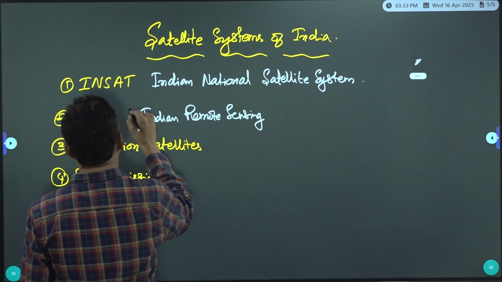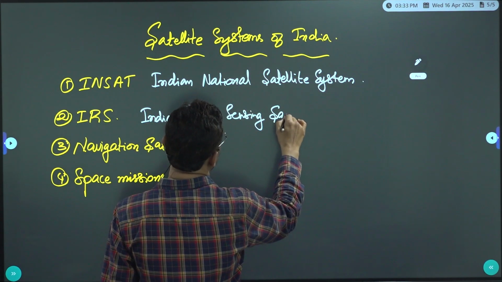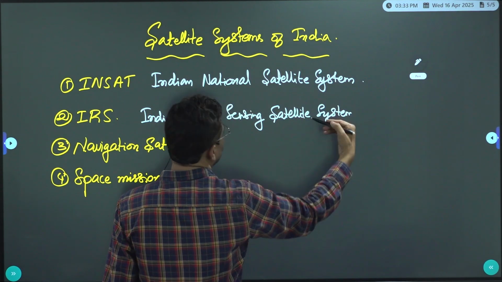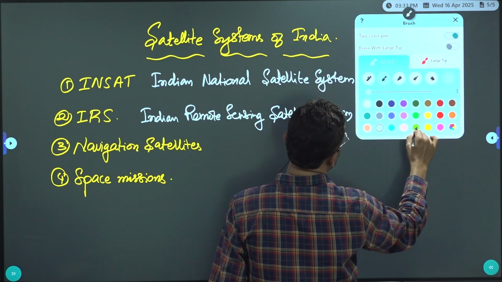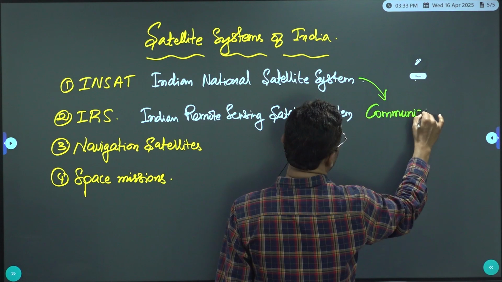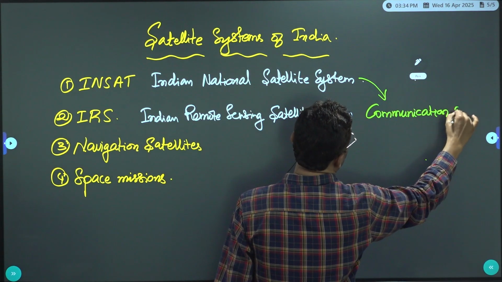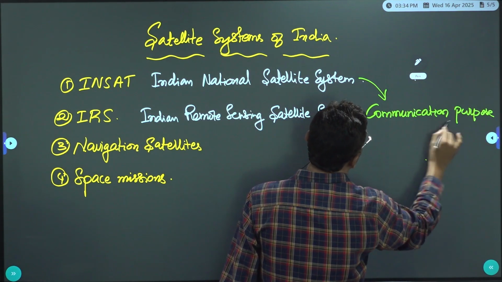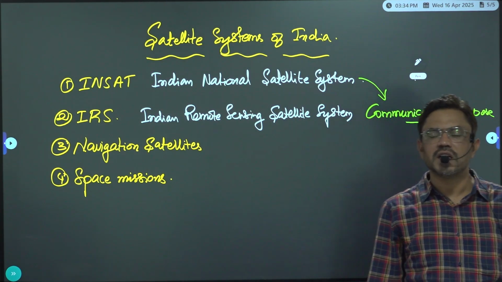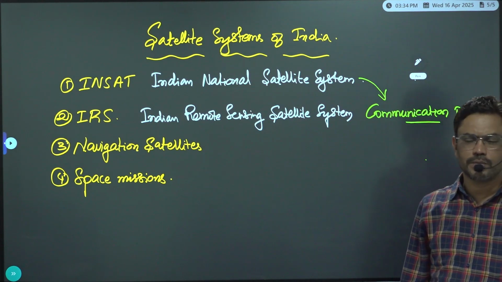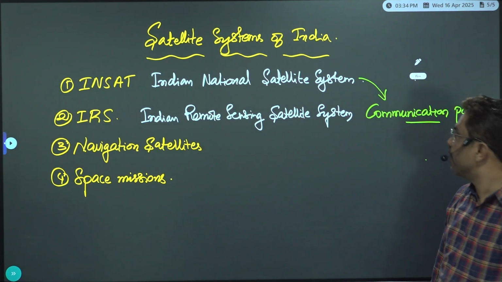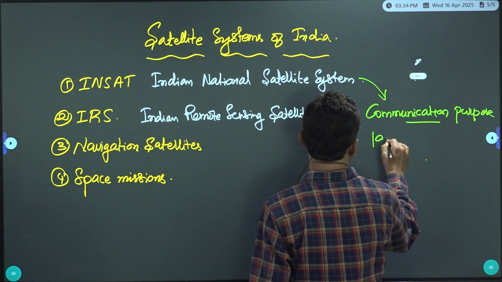If you observe the INSAT system, it is mainly meant for communication purpose. Various types of communication satellites called INSAT satellites have been launched from this INSAT system. It was commissioned in 1983.